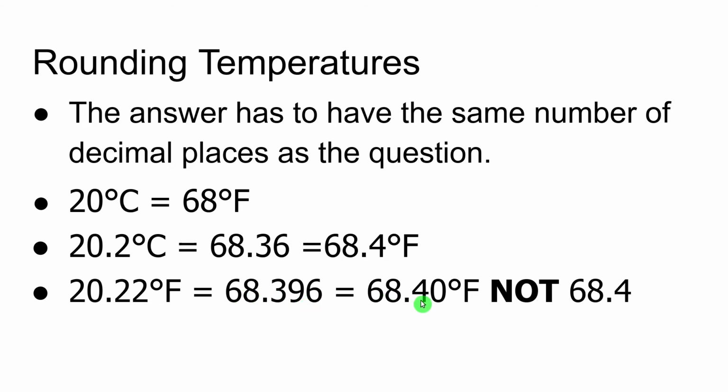That rounds to 68.40. Really 68.4, but it's not 68.4. If you put 68.4 on the test, that's wrong. You just got rid of the precision of that hundredths place. So if the question has 2 decimals, the answer has to have 2 decimals, even if it's a 0. Keep it so that the answer has the same number of decimal places as the question.